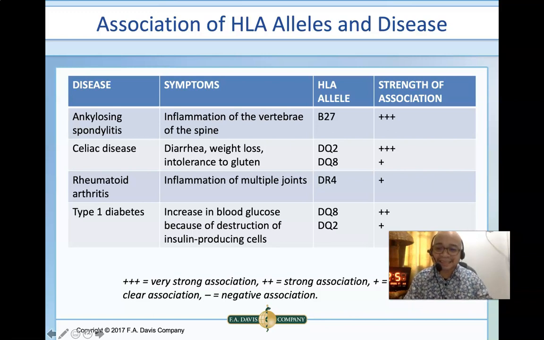Type 1 diabetes is wherein you have an increase in blood glucose because of the destruction of your cells capable of producing insulin, the islets of Langerhans. So this one is also genetically predisposed if you are expressing HLA-DQ8. Okay, strong association with HLA.